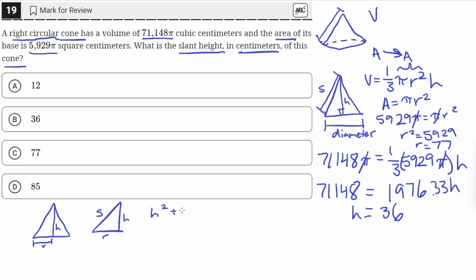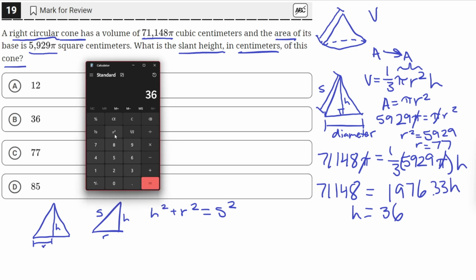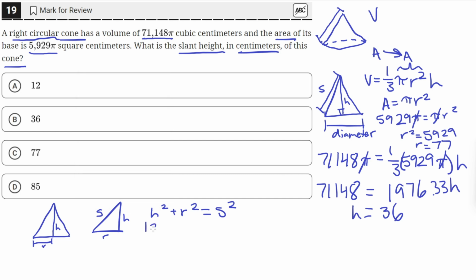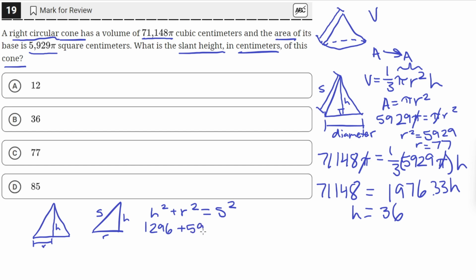So h squared plus r squared equals s squared. h is 36, and 36 squared is equal to 1,296, plus r squared, and we know r is equal to 77. 77 squared is 5,929, and that's equal to s squared. So s is just equal to the square root of this whole quantity. If we take the square root of both sides, the square root cancels out the exponent, so we get s equals the square root of this plus that.